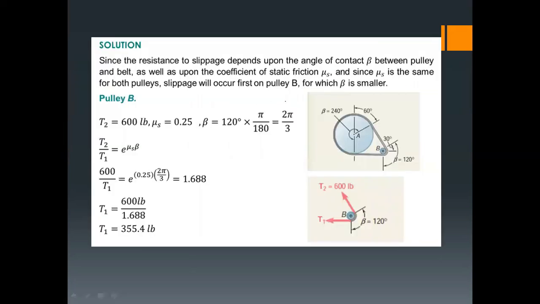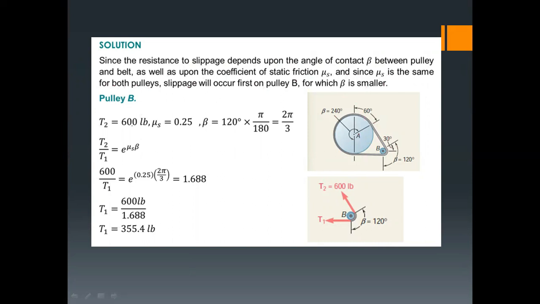So since the resistance to slippage depends upon the angle of contact, beta natin, between pulley, yung rotation yun, as well as upon the coefficient of static friction, and since our coefficient of friction is the same for both pulleys, slippage will occur first on pulley B, for which beta is smaller.